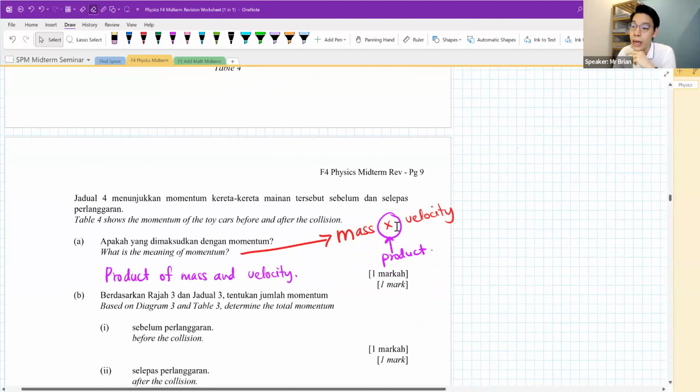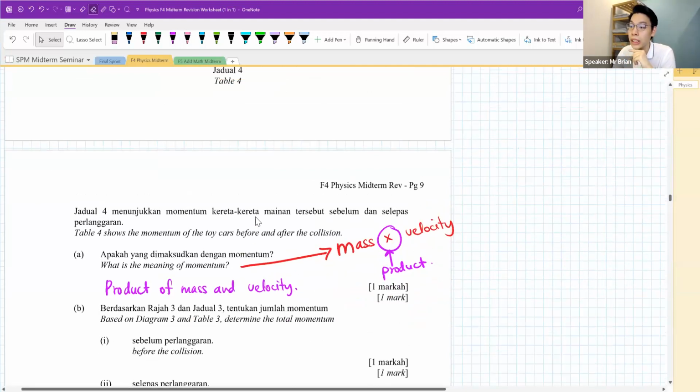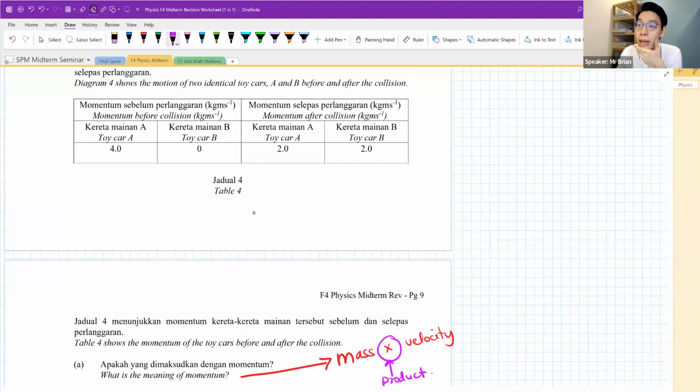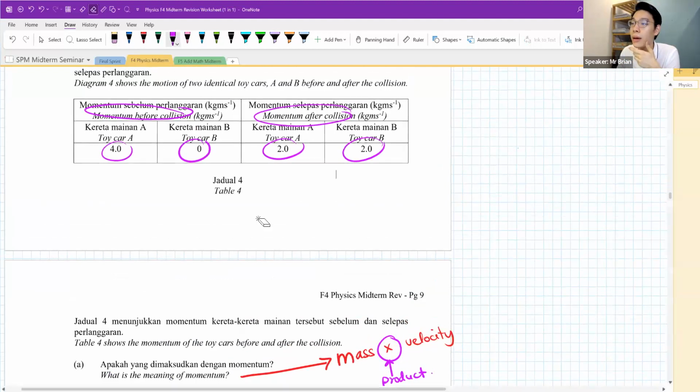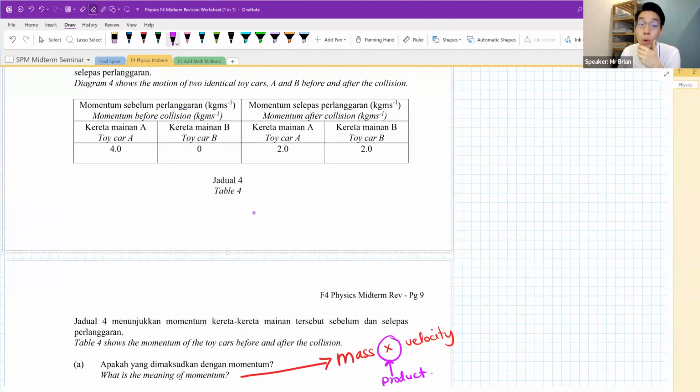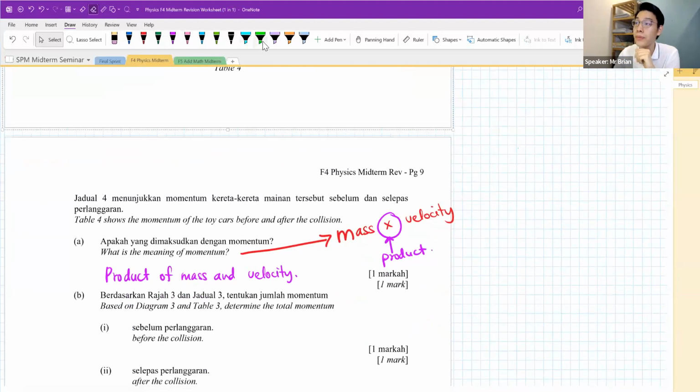Okay. Based on the diagram, determine the total momentum before collision. Guys, they gave some momentum before for car A and car B, momentum after for car A and car B. But now they want the total momentum. You cannot just write the equation. You have to write the words. The meaning, or to define, you have to write the words. Last time maybe can, now cannot already. Very strict. Total momentum.